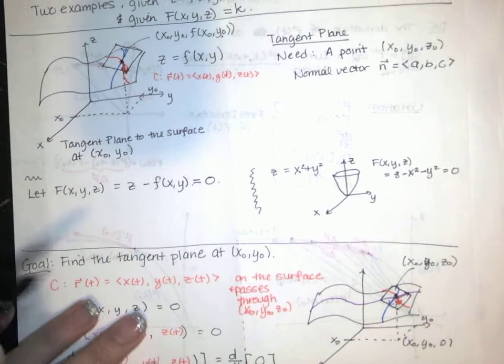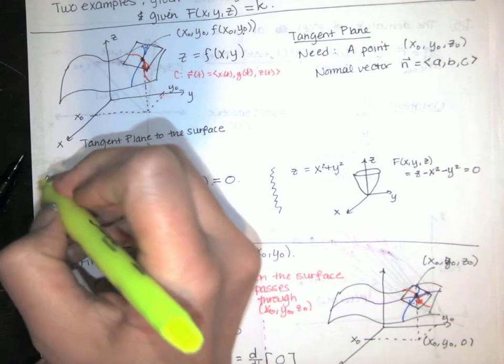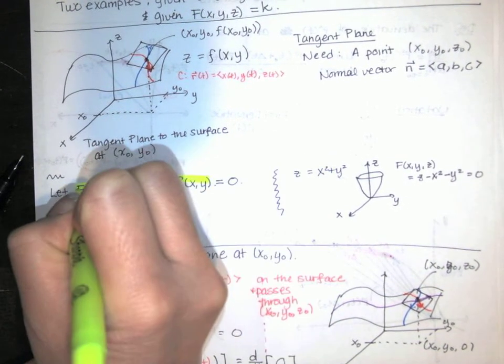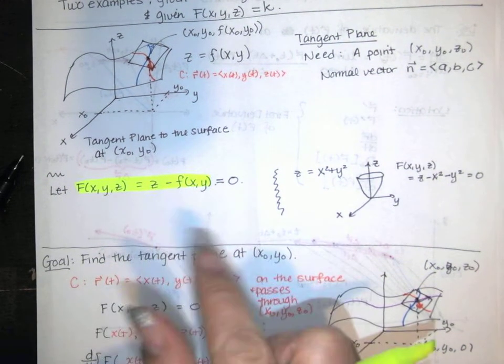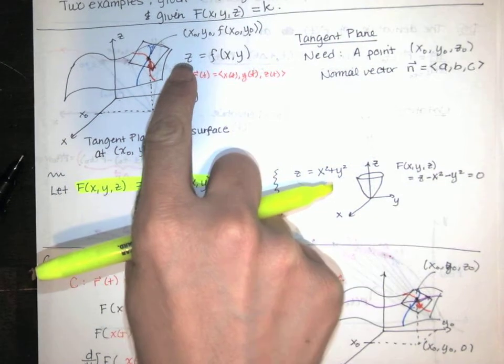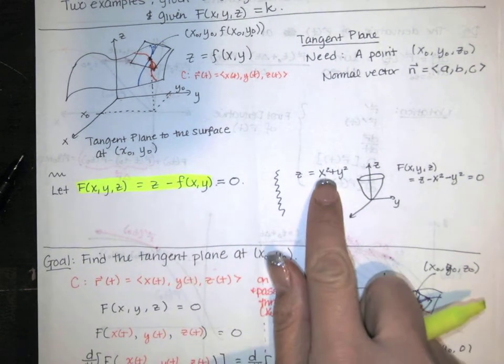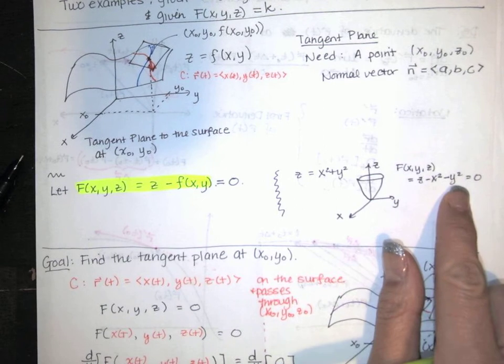In order to find the normal vector, the first thing you have to do is find this guy. You need a function of 3 variables, x, y, and z. So you're taking the equation of your surface and just rearranging it. You're just doing z minus this to get f of x, y, and z by itself. I just took this, subtracted the x squared and the y squared from both sides, and I got this.